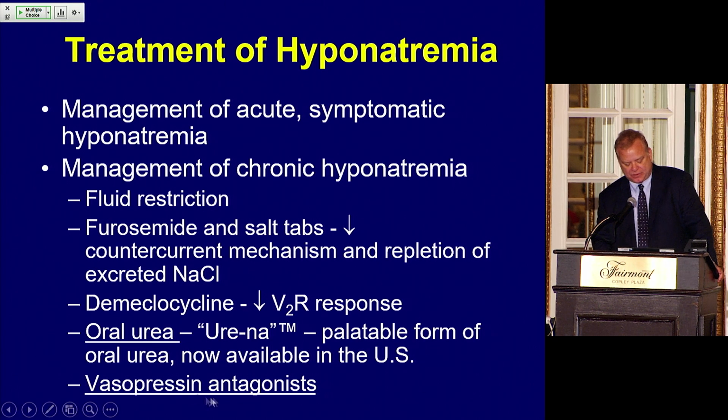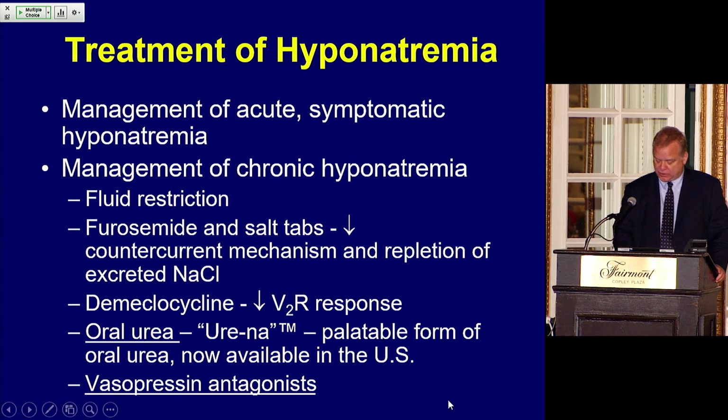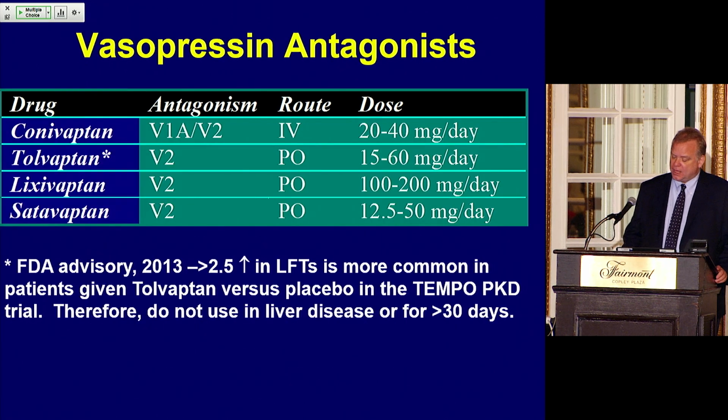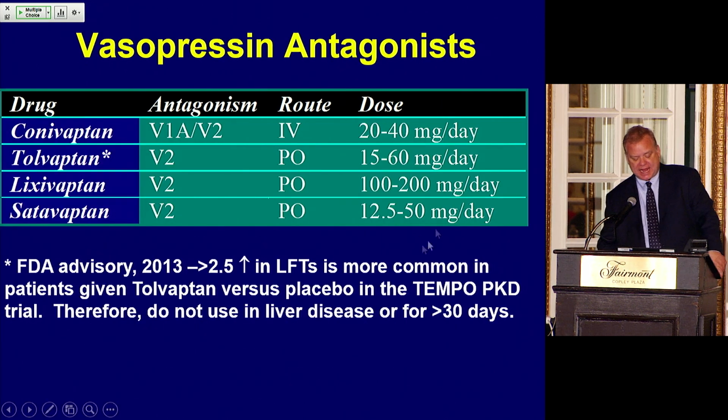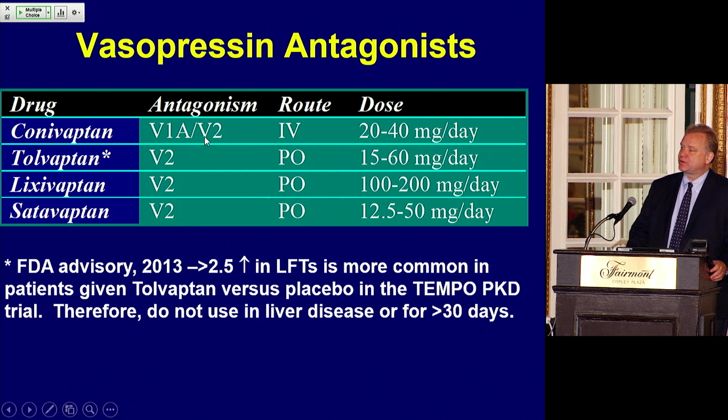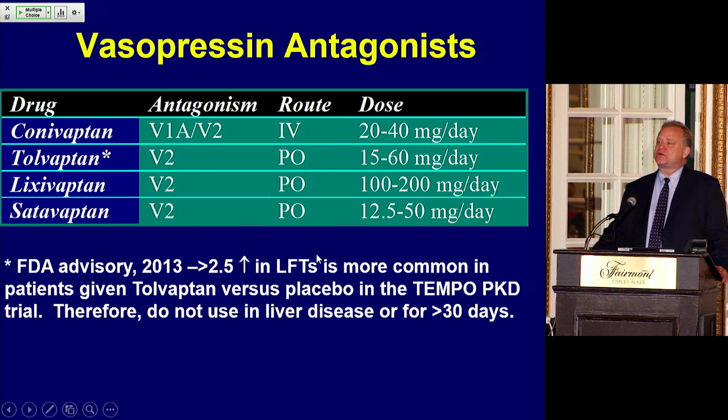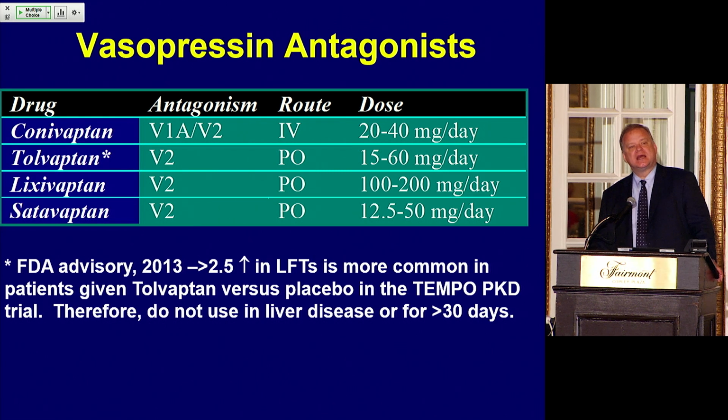And the vasopressin antagonists as well play a role. In terms of the vasopressin antagonists, there are many of them, but the only two that are available in the US are tolvaptan, which is a pure V2 receptor antagonist, and conivaptan, which is a V1A, V2 receptor antagonist. And as many of you are aware, about 6 years ago now, because of the PKD trials, this chronic hepatic toxicity of tolvaptan came out and has really limited the utility of tolvaptan.